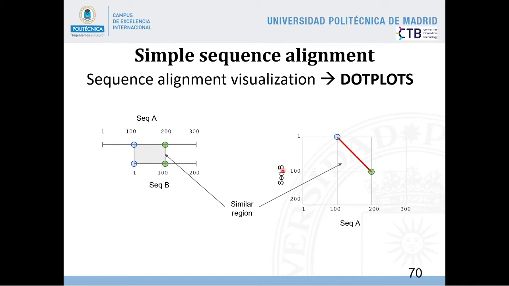In the dot plot, we would see a diagonal from nucleotide 100 in sequence A to nucleotide 1 in sequence B, from the start to the end of one sequence to the other.